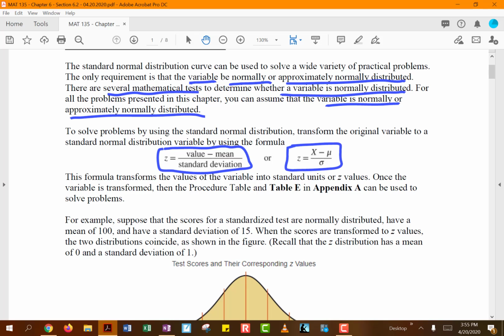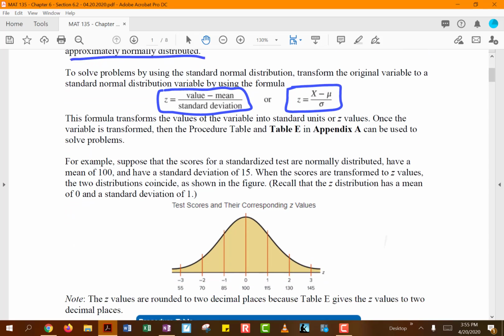The x represents our data value, mu of course would be the mean, and sigma of course represents your standard deviation. And then once we transform that variable, then of course we can use our normal distribution table, which is in Appendix A of your textbook, to help us come up with these answers.